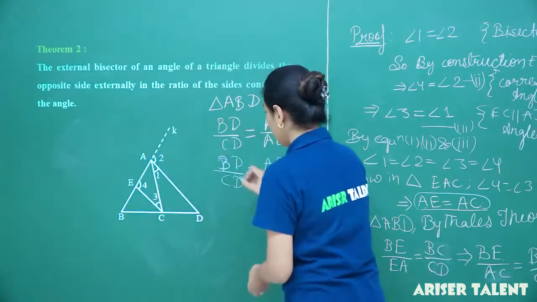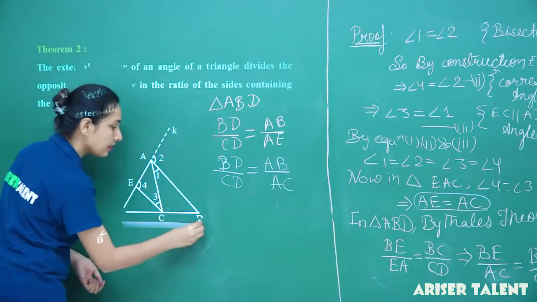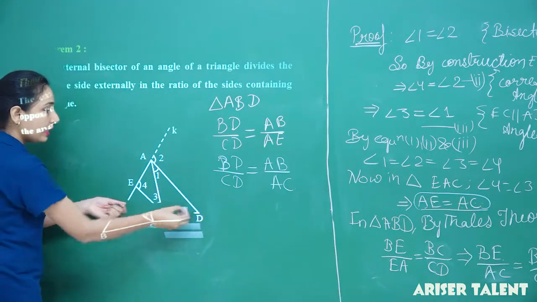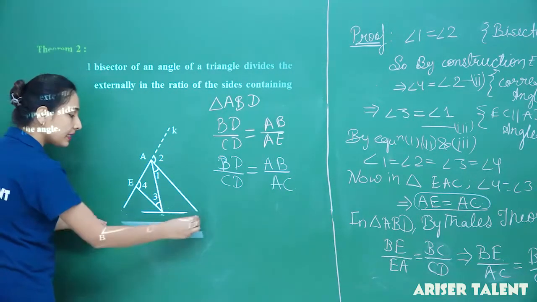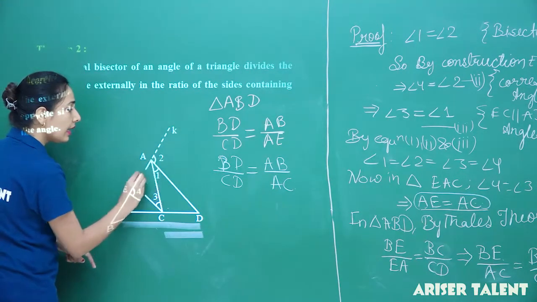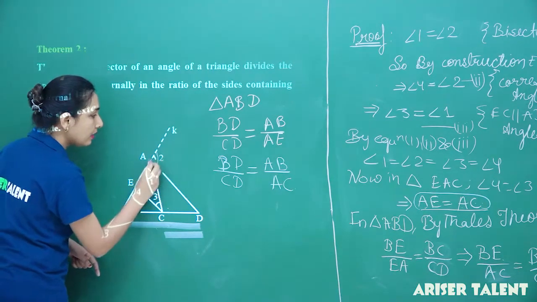Now have a look at this. What is BD? BD is this, by CD, CD is this. So the opposite side's proportion is there, BD and CD. Now look at this. This is the external angle, and this angle was bisecting.